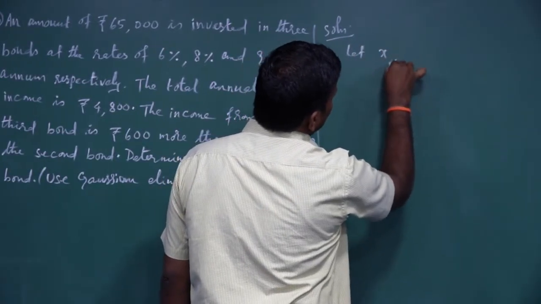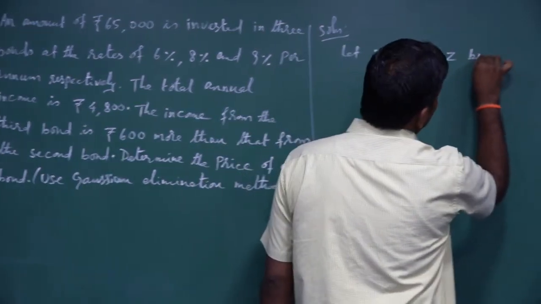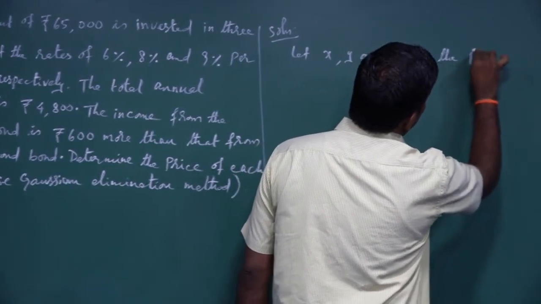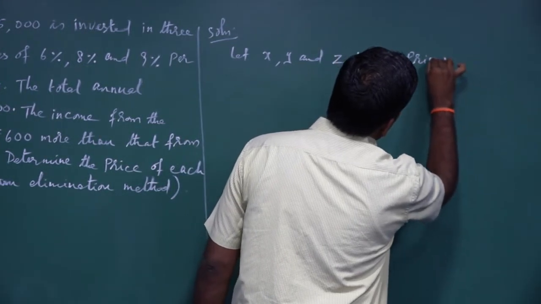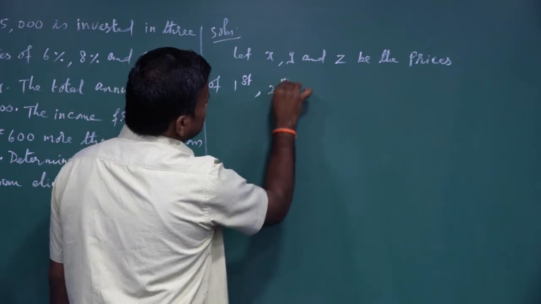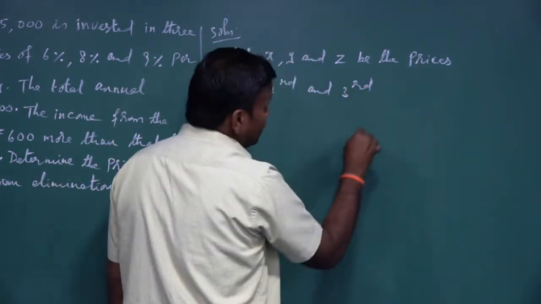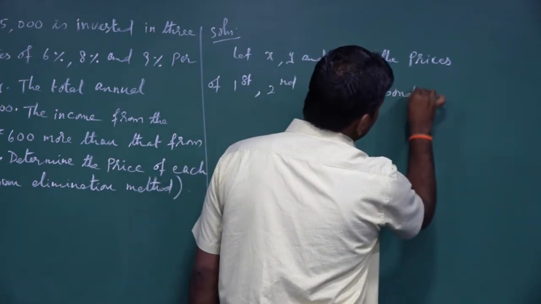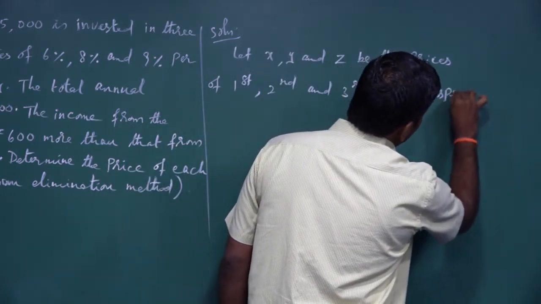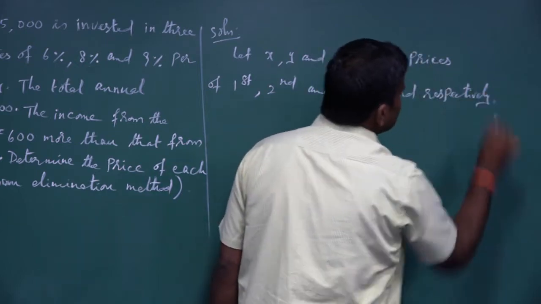Let X, Y and Z be the prices of the first, second and third bond respectively.